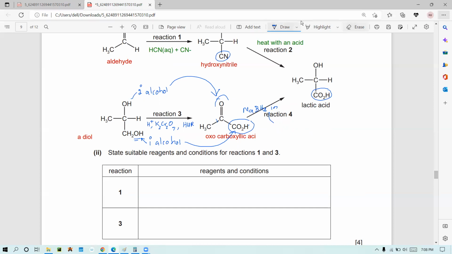When you draw optical isomers for lactic acid, first we draw the mirror in between. And first start with carbon. Draw 1 carbon on the left-hand side, 1 on the right-hand side.